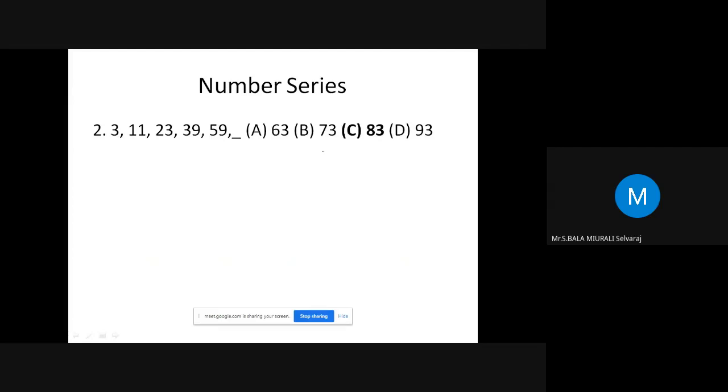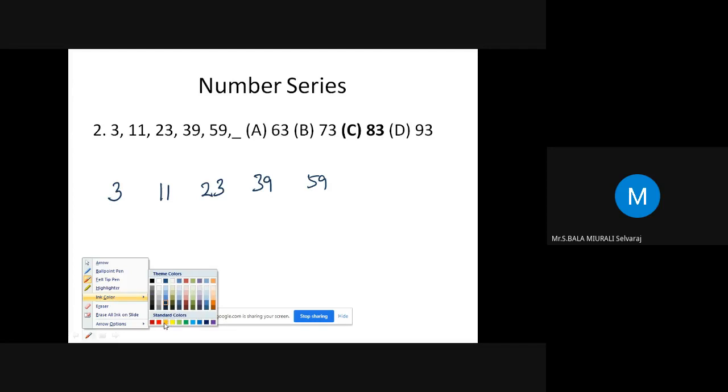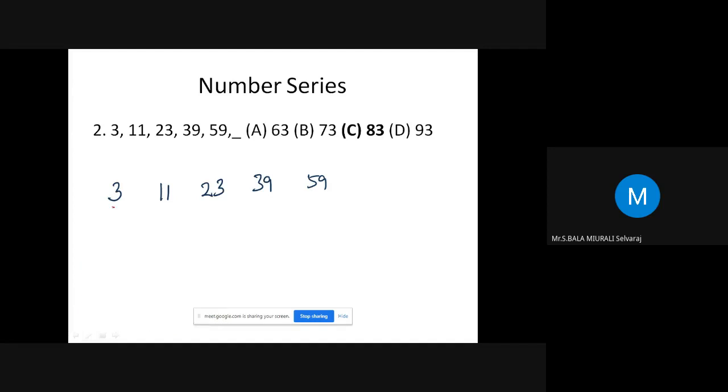Okay, you try to solve this. Take 1 minute. Answer is 83.